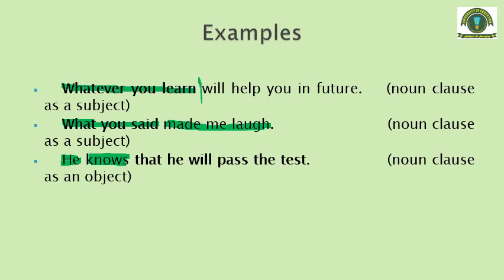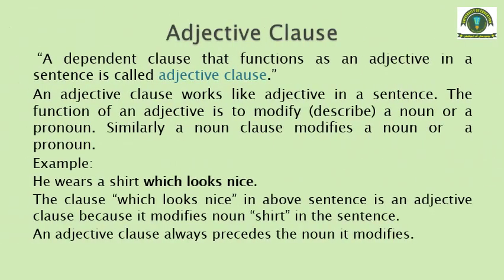But the sentence is beginning with that, and the part of the sentence that begins with that is called a noun clause. So the noun clause is coming at the end of the sentence. It is acting as an object in this sentence. So we can say that the noun clause can act as a subject, as a predicate, or as an object. Let us jump to the next slide to find more details.